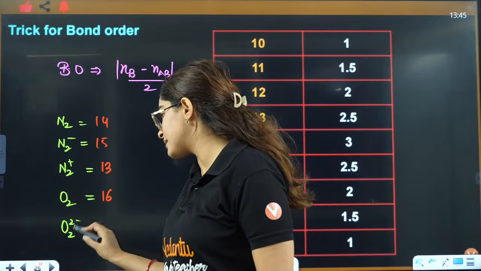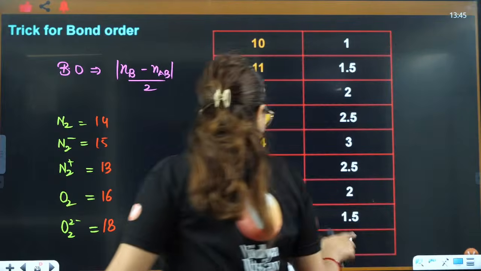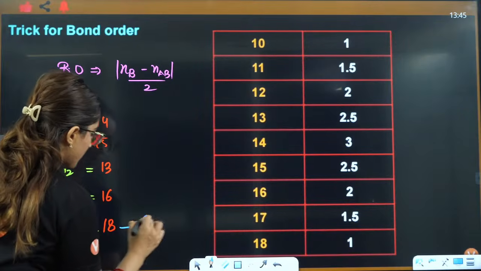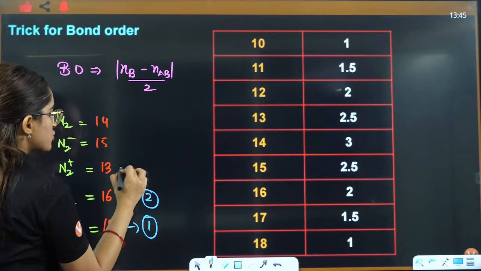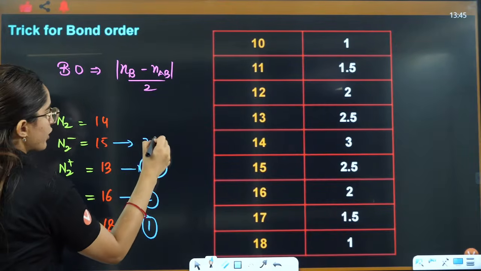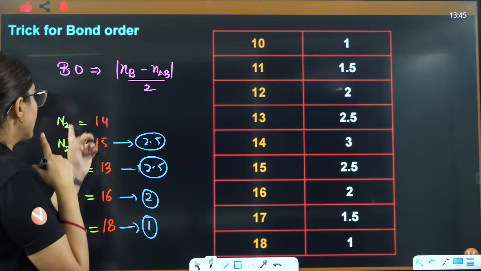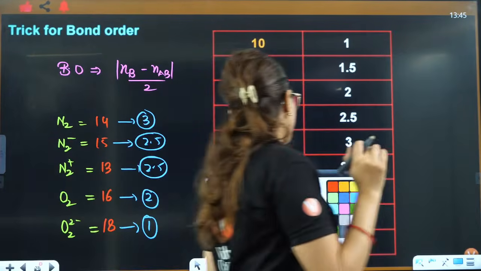O2 2 negative is 16 plus 2, that is 18. Now direct bond order: 18 means 1, 16 means 2, 13 means 2.5, 15 means 2.5, 14 means 3. You directly have your answer of bond order.